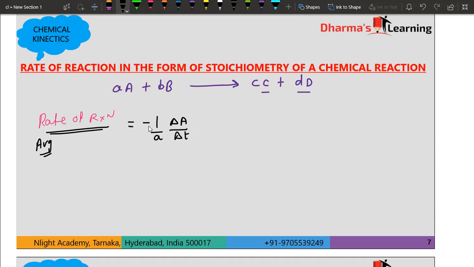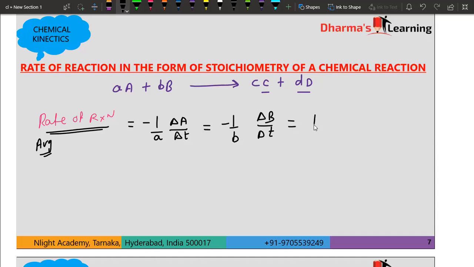Now why am I putting the minus symbol? Because the reactant concentration decreases. This is equal to minus 1 upon b, change in concentration of B divided by change in time. I'm placing the stoichiometric coefficient at the bottom with the minus symbol, because it is a reactant. It can be written in the form of product also.